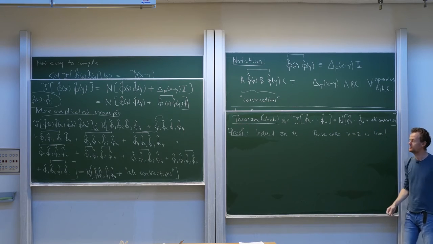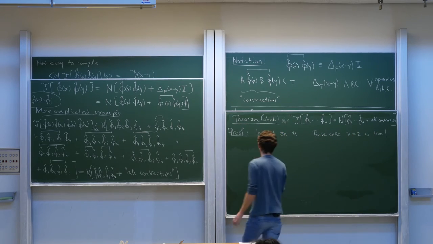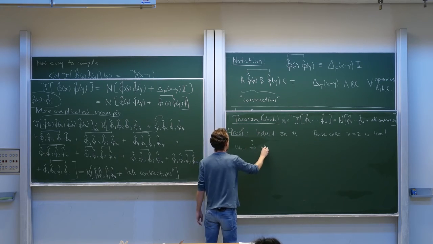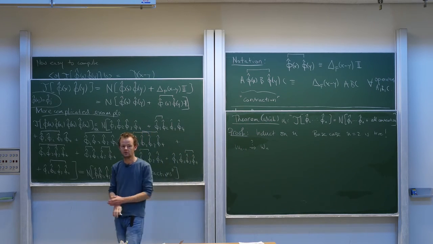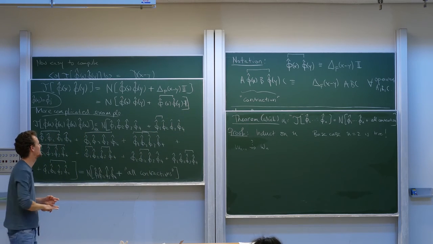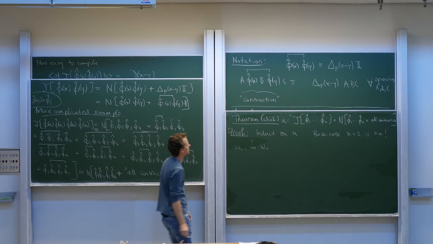We need to go from the statement Wn minus 1 to the statement Wn. Does the statement of Wick's theorem for n minus 1 imply the statement for n?